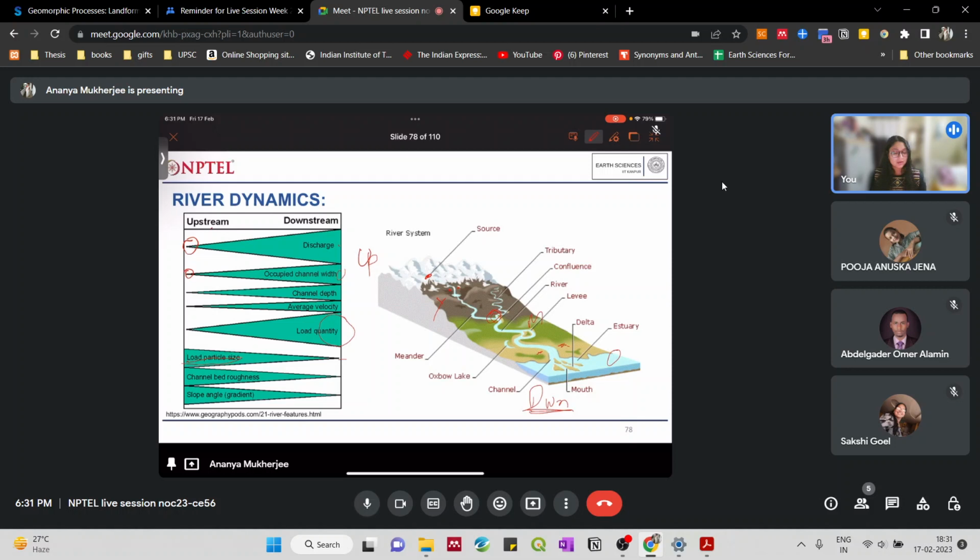And with the decrease in the slope angle also, it does not erode a lot, it does not make a lot of rugged kind of features as we go downstream. So this, in a gist, gives you the differences, or how the factors differ, when we are moving from the younger stages to the older stages of a river profile.